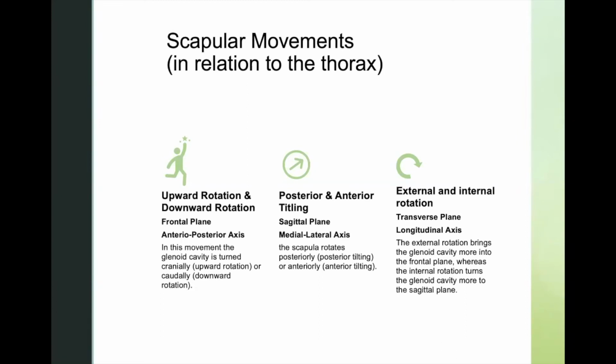So we have upward rotation and downward rotation of the scapula. And this movement is happening on the frontal plane, about a sagittal axis. Now I know you love it when I throw more vocabulary at you, but it's for your own good, at least some of you.